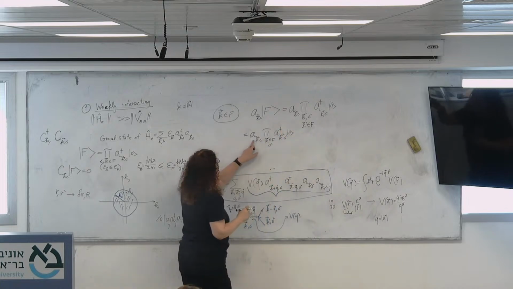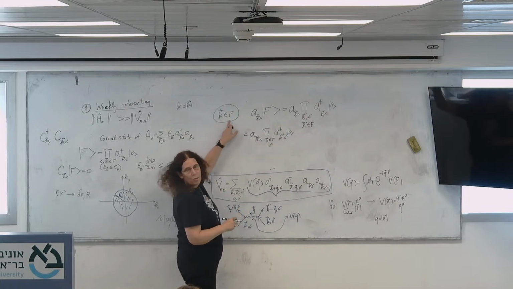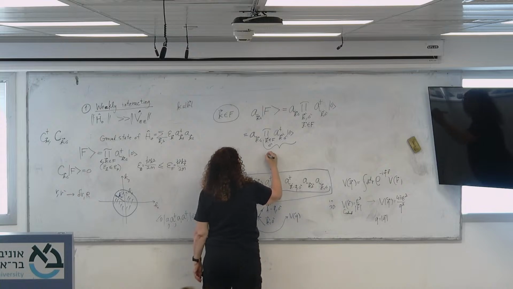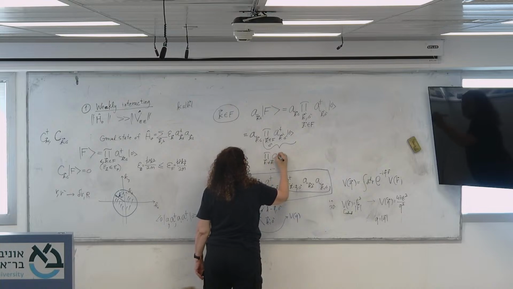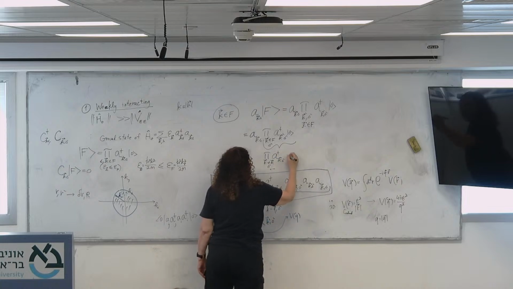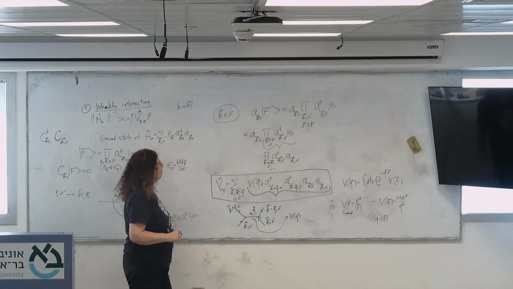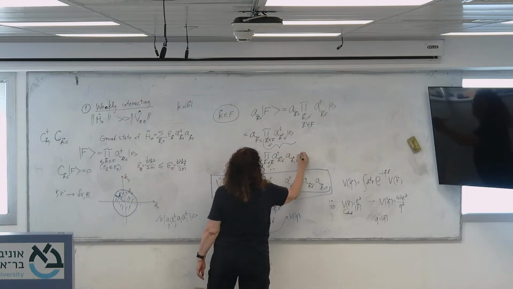And because k is actually one of these k primes, because it also belongs to F, I can rewrite the product as a product of all the k's that are different from k, times a k sigma prime, and that is acting on the vacuum.